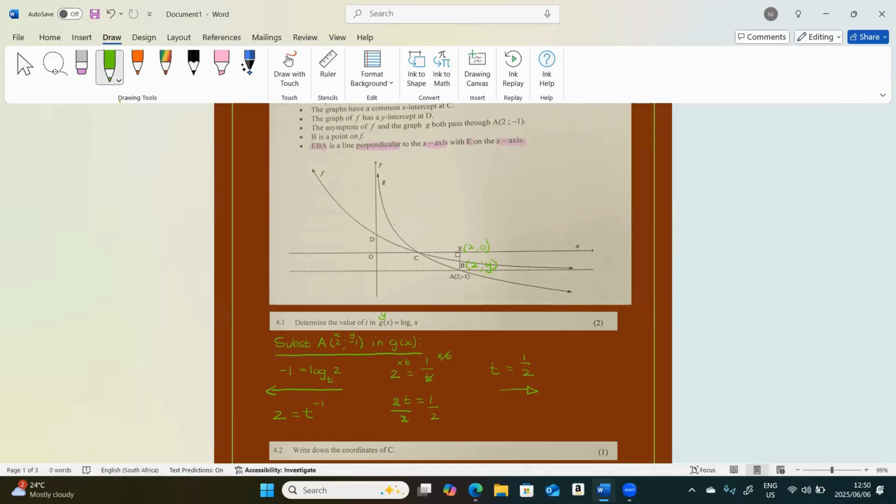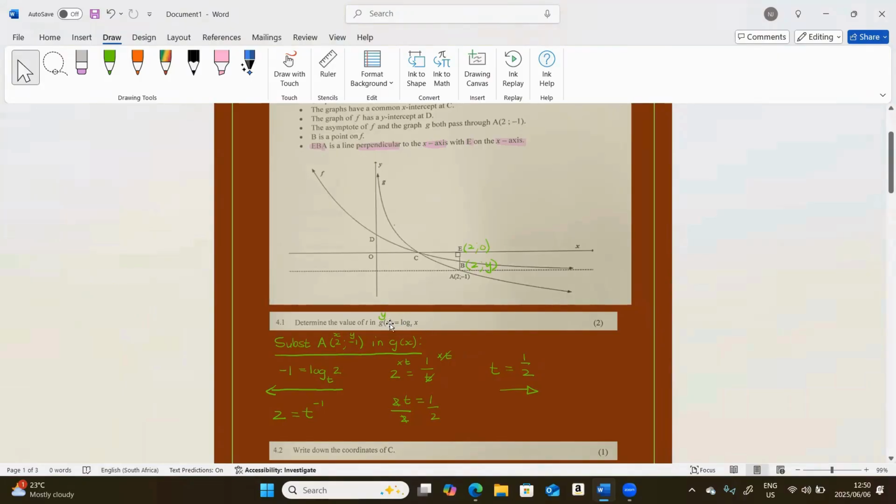Now, I would suggest that when you solve something, you always reread your question to make sure that you have answered it. So let's go back. They want the value of t. What did we give them? The value of t. So we definitely did answer this question, but t was the only unknown in my log function's equation.